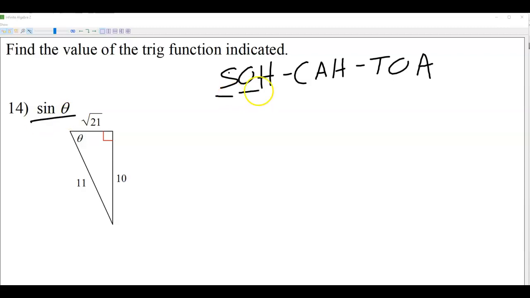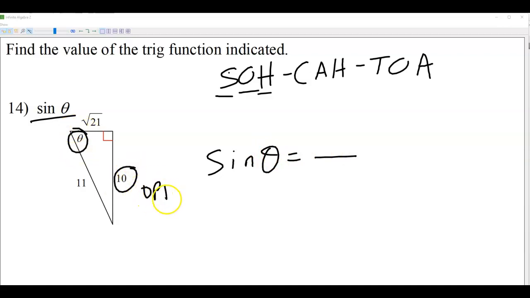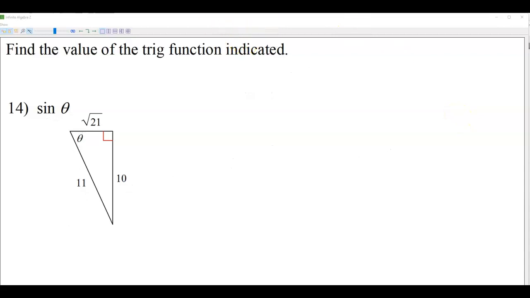Now sine is opposite over hypotenuse. So sine of theta is opposite over hypotenuse. Well, if this is my theta, my opposite side would be here, and my hypotenuse would be here. So opposite over hypotenuse would be 10 over 11. And that's the end of it. Okay. Let's look at another one here.